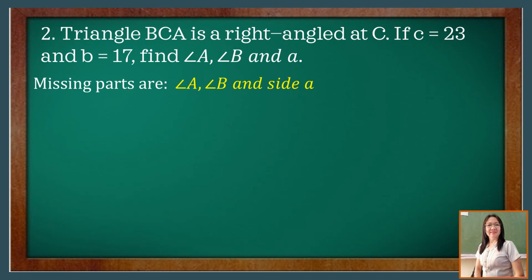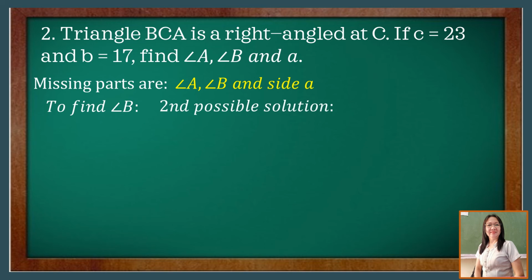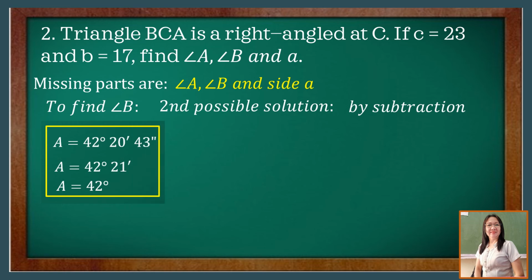Now the other way to find angle B, so this is the second possible solution that you may use, is by subtraction. So this is the obtained value for angle A in our previous discussion. Remember that angle A and angle B are complementary.